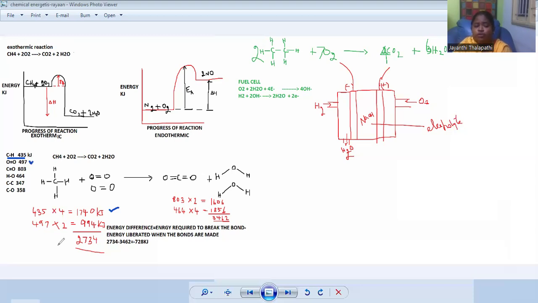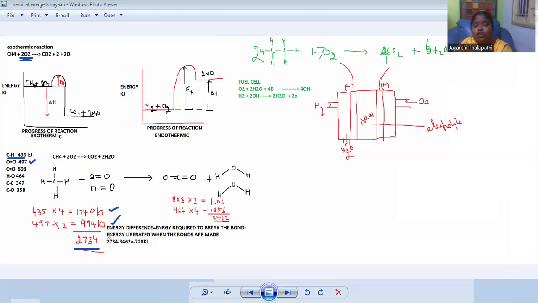There are 2 moles of O2 over here, so 497 times 2 is 994. By adding these two, you get 2734 kilojoules to break the reactants, which means the energy required to break the bonds.